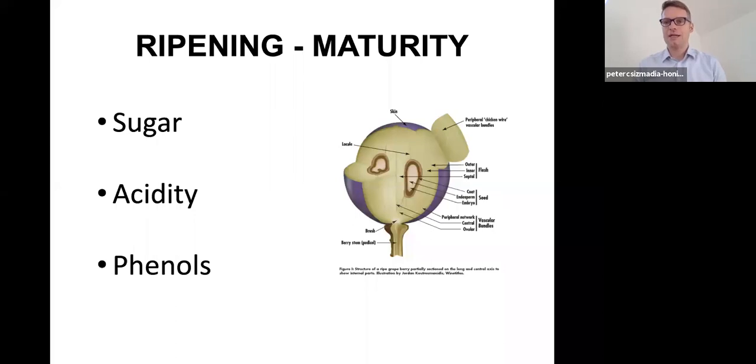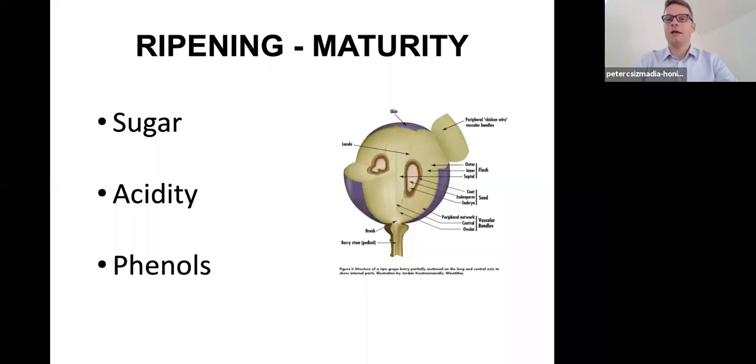At the same time, as we know, when fruit is ripening, there are two reverse processes. One is that the sugar is increasing and the acidity is decreasing. So what we would want to achieve is that ideal balance between having the right level of sugar, whilst we also still have freshness through acidity.